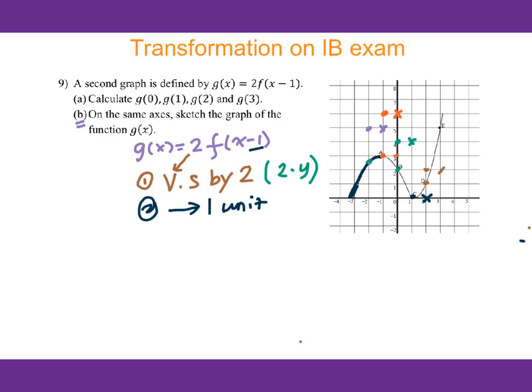Move to the right 1, go here. Then for this E, y coordinate is 5 times 2, that will be 10. Just estimate over here. Then move to the right 1, go here. Now you need to connect all these crosses.